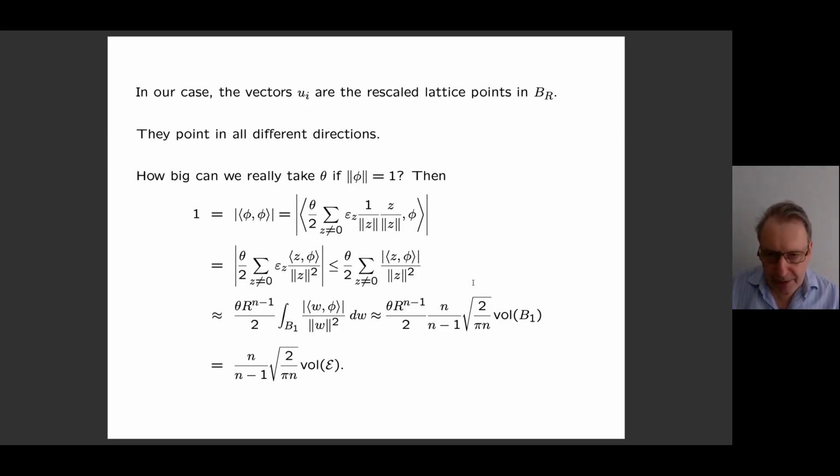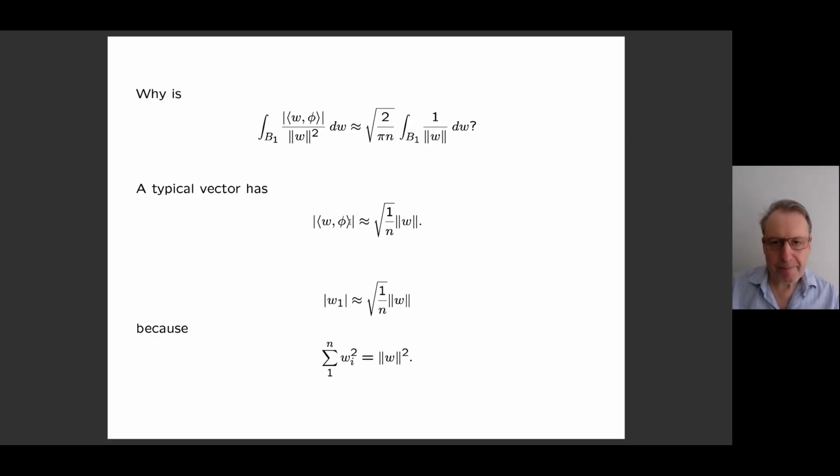So this has won us a fair bit, but let's try and understand why we get a factor of something like 1 over root n by doing this. And the answer is not too difficult. So my question is, why is this integral essentially the same as the original one, but with root 2 over pi n in front of it?